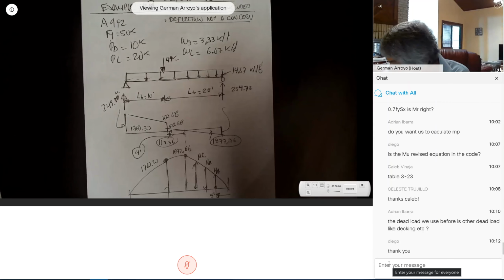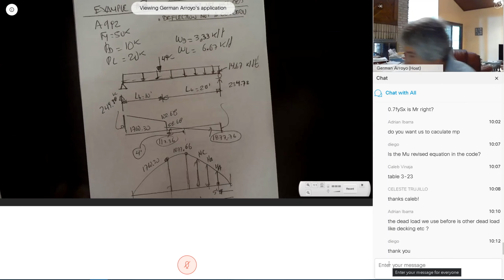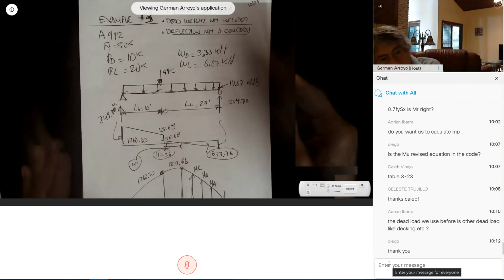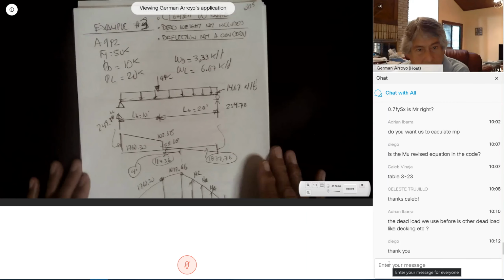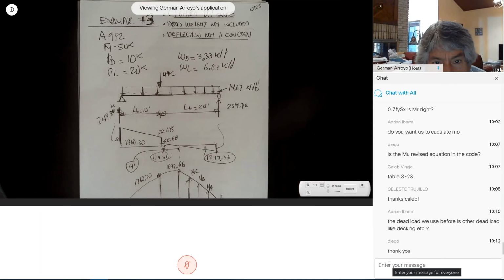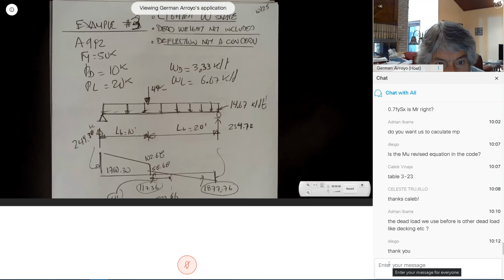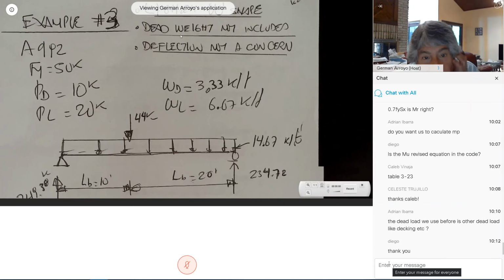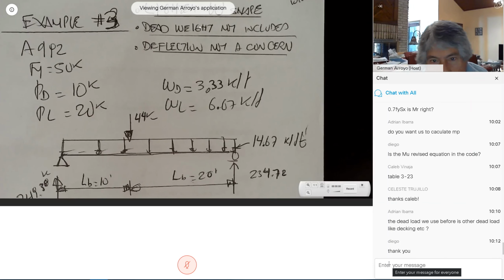So we have a different problem. This is page 10 on my notes. So, the lightest W shape.